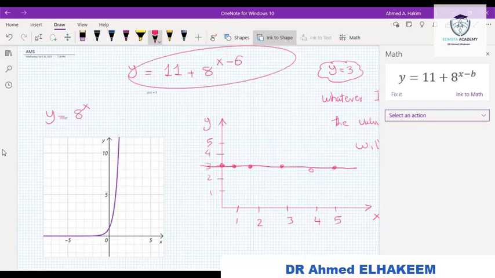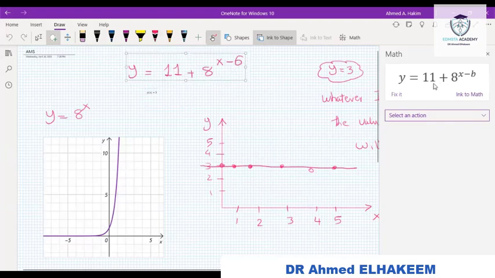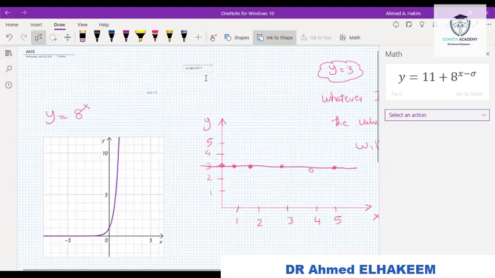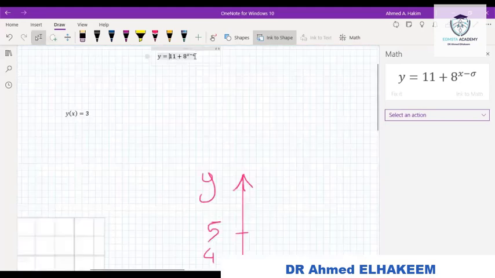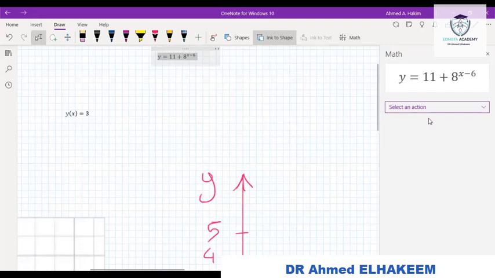Mister, it wrote x minus b, not x minus 6. Yes, I see. I'm trying to fix it.